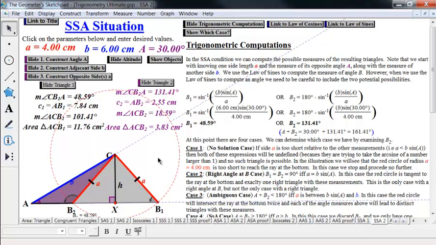Well, we can use law of sines to get the measure of angle B. So B is the inverse sine of B sine A over A, or B is pi minus the inverse sine of B sine A over A, or in degrees, 180 degrees minus that. And so we work this out and we get two possibilities. These are the two things you have to consider, or in other words, just figure out B1 and do 180 degrees minus that to get this.